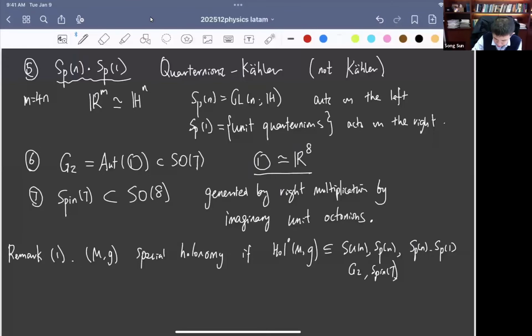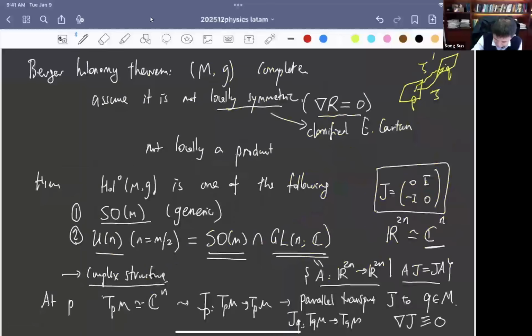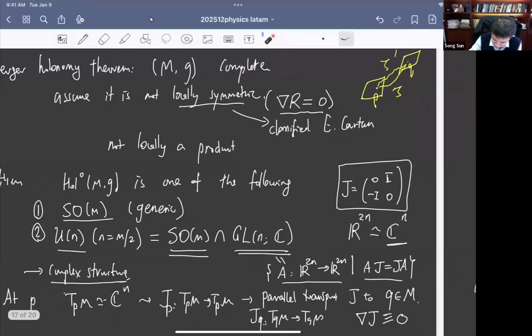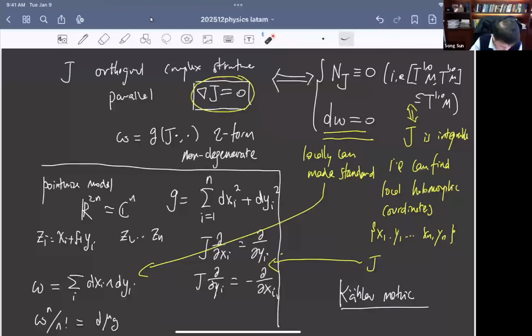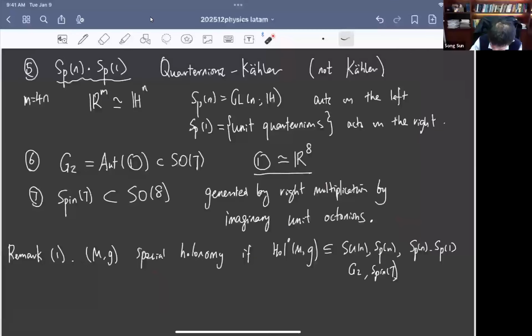The first one is generic. If you are given an arbitrary Riemannian metric, it will have SO(m) holonomy. The second one is Kähler, but in this Kähler setting it is also kind of flexible. If you have studied Kähler metrics, locally it is given by the partial-bar derivatives of a function, so that function has freedom. It's also not very special. And Calabi-Yau metrics are special kinds of Kähler metrics.